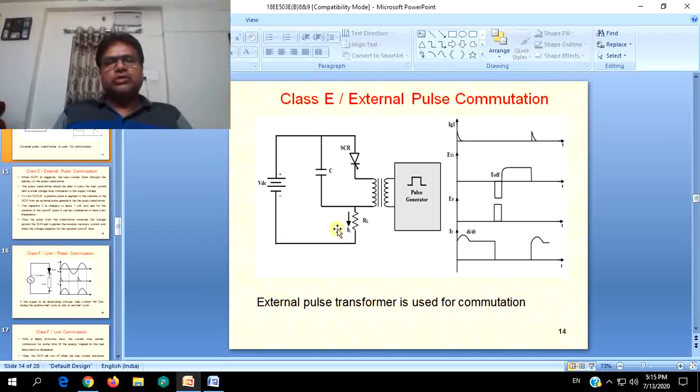And also, just similar to the previous circuit, this capacitor should be charged positive and negative. So the capacitor will make an extra current flow through the SCR and the transformer winding back to its negative plate, which is shown with this spike for the SCR current.